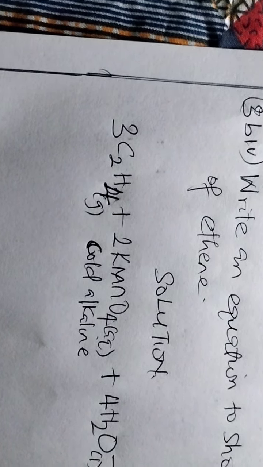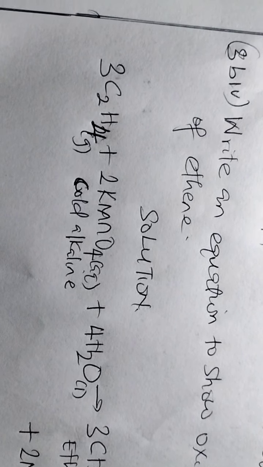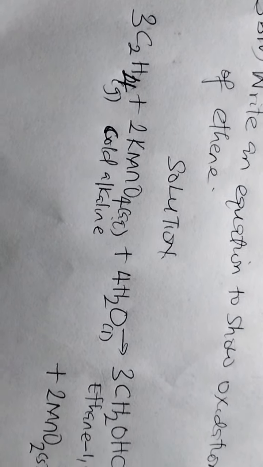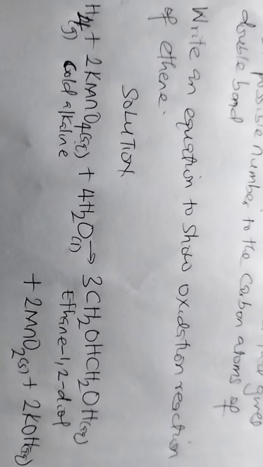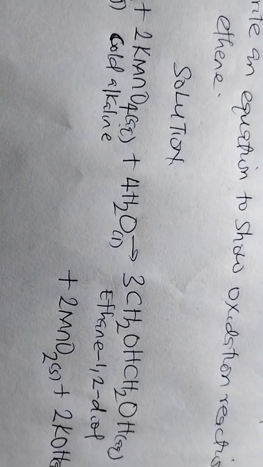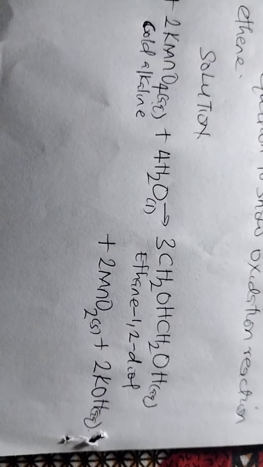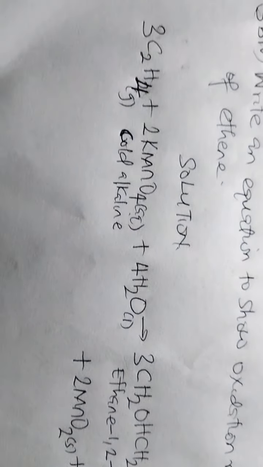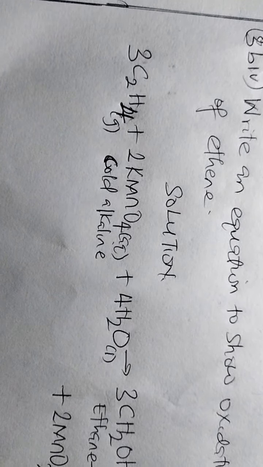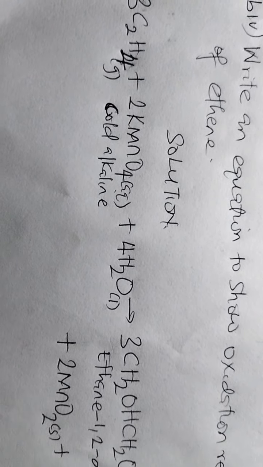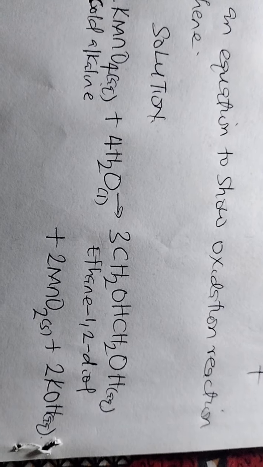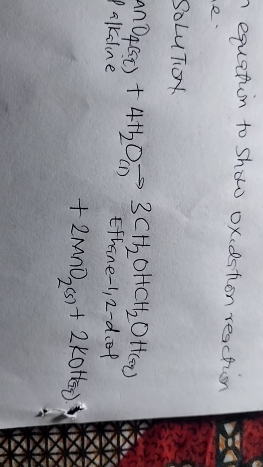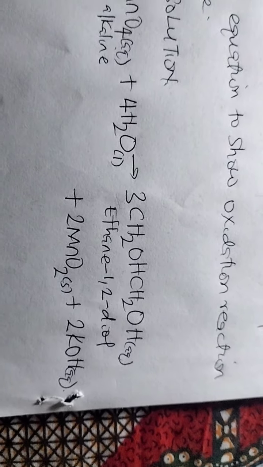That's 3 molecules of 18 reacting with 2 molecules of potassium manganate(VII), cold alkaline potassium manganate(VII), in the presence of 4 molecules of water, to give us 3 molecules of ethane-1,2-diol, a dihydroxy alkanol, plus 2 molecules of manganese(IV) oxide, and 2 molecules of potassium hydroxide.